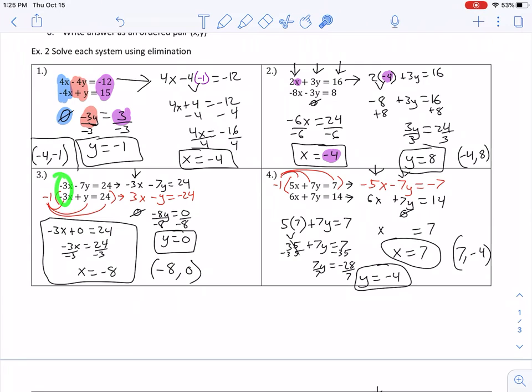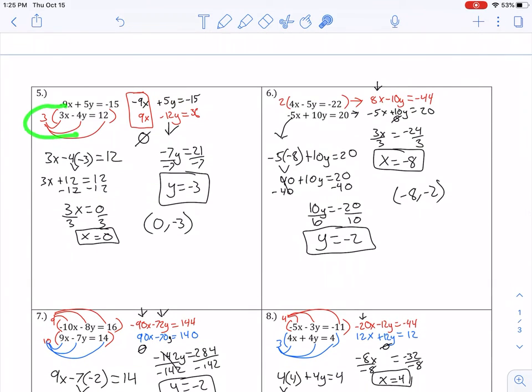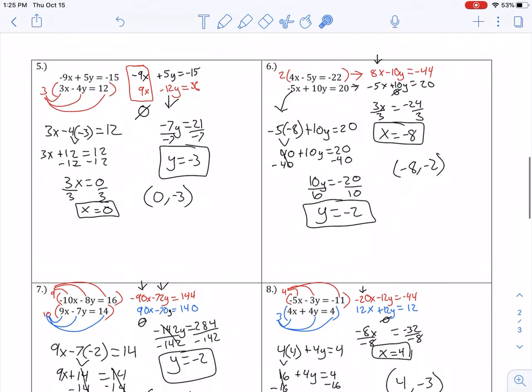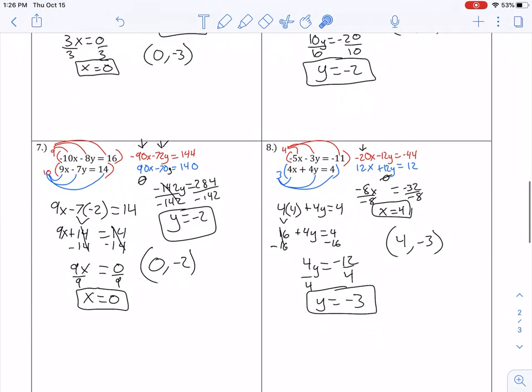Sometimes if they have the same number but we need different signs, we can just multiply in a negative. Sometimes we have to change and scale up all of our numbers to get them to cancel out. Sometimes we need to change both equations and scale both of them up to give them numbers that will cancel out.